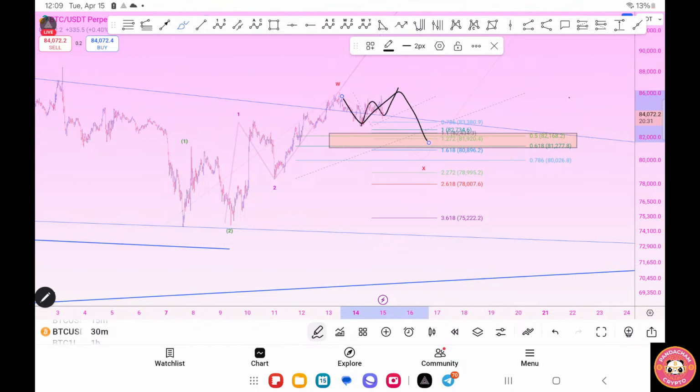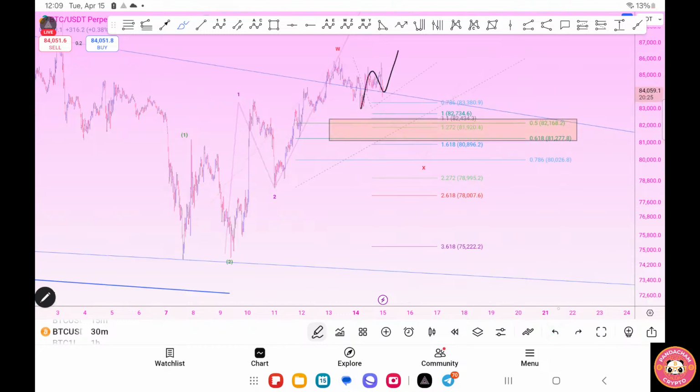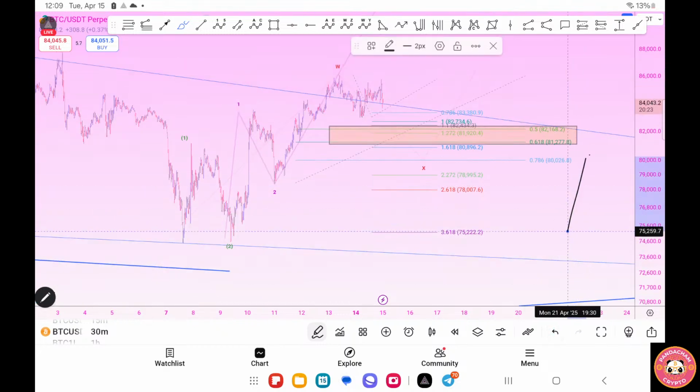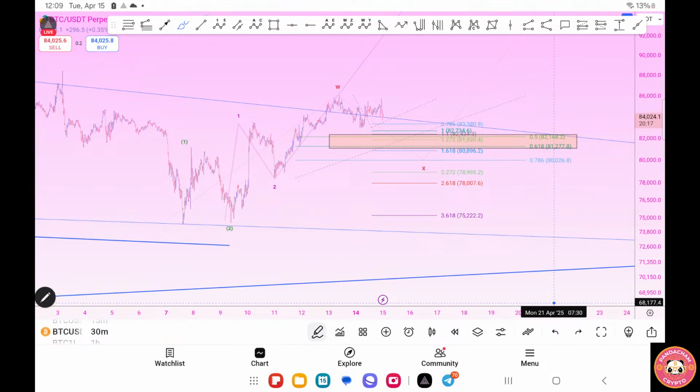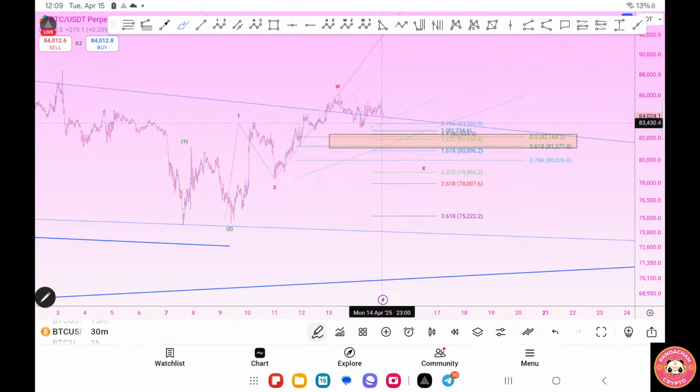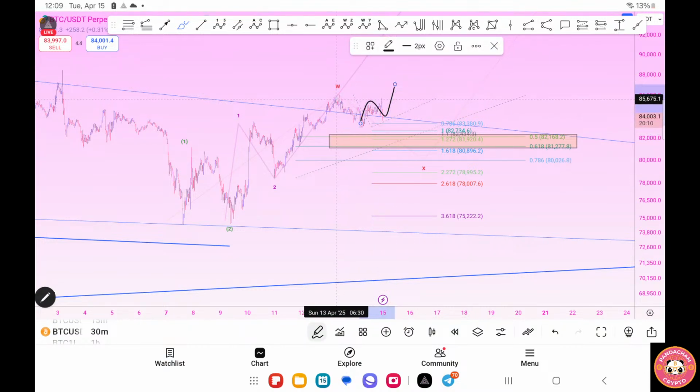I would lean more bullish if the market were able to make a new high and make this an expanded flat to the downside. I think I would be more bullish that way.